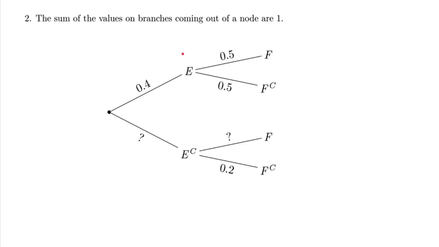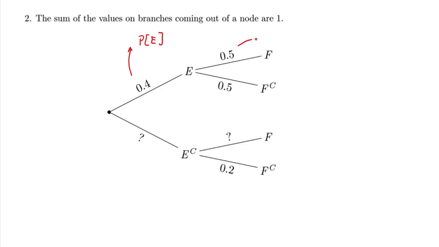Let's take a look at this probability tree. We have first event E happening, and this probability here of 0.4 is the probability of event E happening given whatever came first. But this is the starting point of the tree, so I don't have anything coming first.